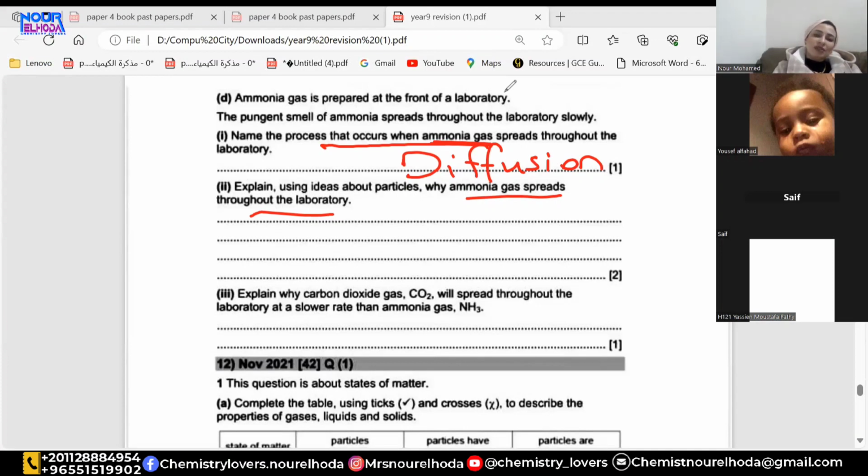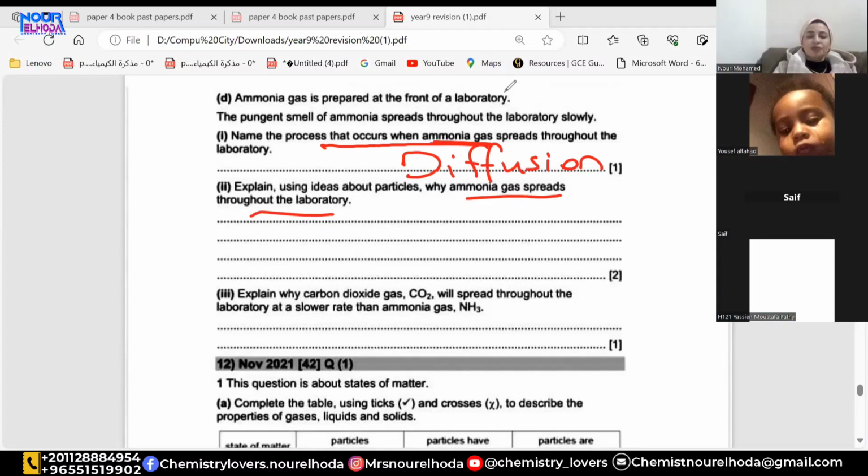Why will it spread? Because diffusion happens by movement of particles from high concentration to low concentration. And also because the particles of the air all the time are colliding and spreading in a random motion. So if they ask you, why does ammonia spread in the lab? I will say because it spreads from high concentration to low concentration.